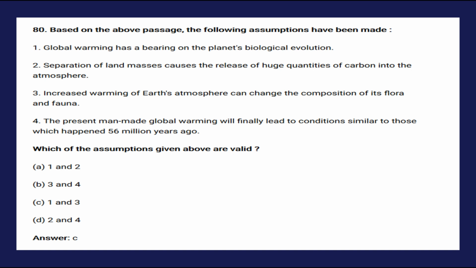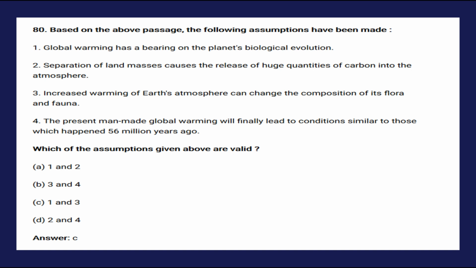Statement 4. The present man-made global warming will finally lead to conditions similar to those which happened 56 million years ago. Which of the assumptions given above are valid? Option A first and second, option B third and fourth, option C first and third, and option D second and fourth.